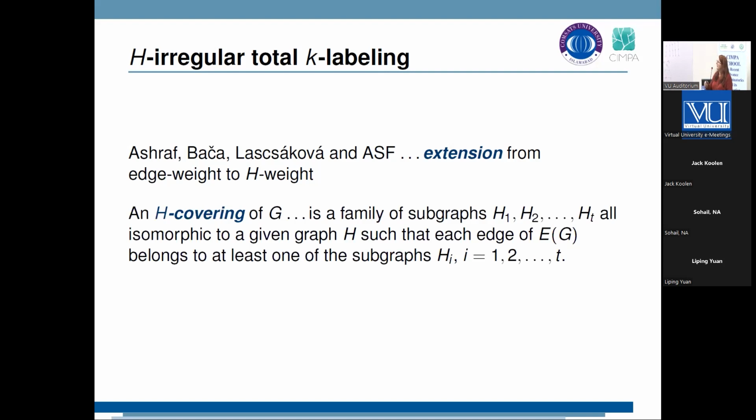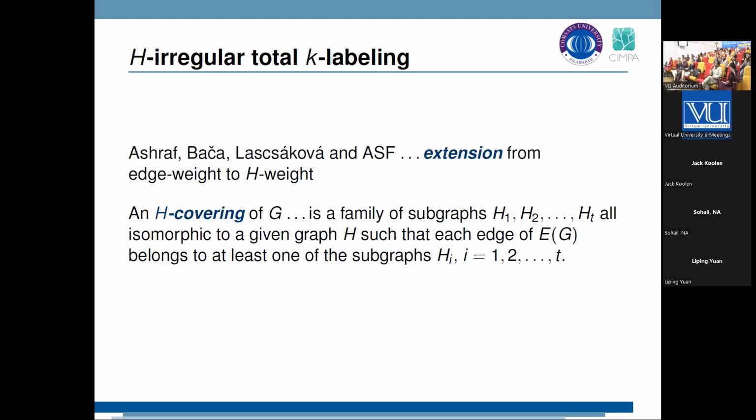Okay, so here we have to define some new terminology. We say that graph G has H covering if there exists some family of subgraphs, all of them isomorphic to some given subgraph H. We have p such subgraphs, and we require that every edge in the given graph belongs to at least one such subgraph.